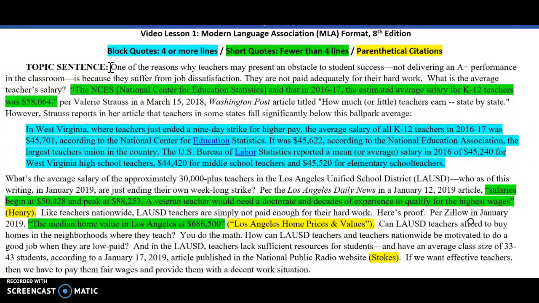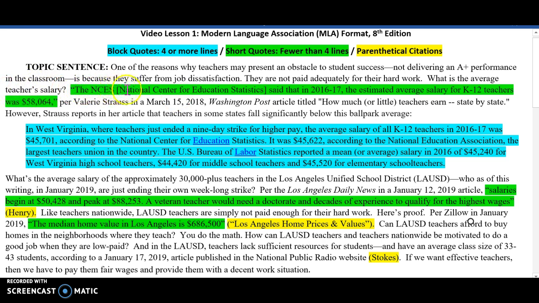All right, let's go ahead and read this writing, and then we'll discuss format rules for block quotes, short quotes, and what parenthetical citations are and how to format them. Okay, so let's begin with our topic sentence. One of the reasons why teachers may present an obstacle to student success, not delivering an A+ performance in the classroom, is because they suffer from job dissatisfaction. They are not paid adequately for their hard work. What is the average teacher's salary?